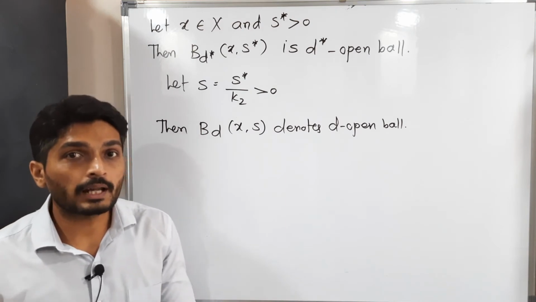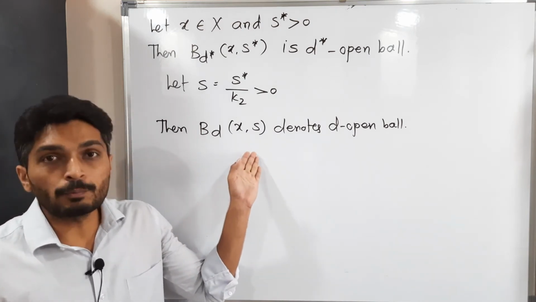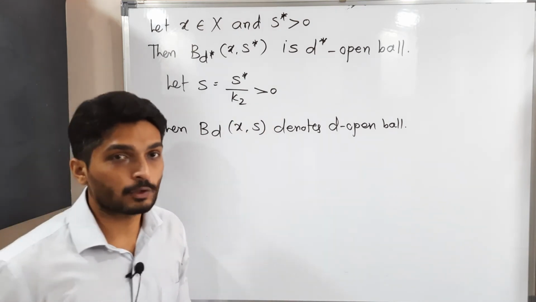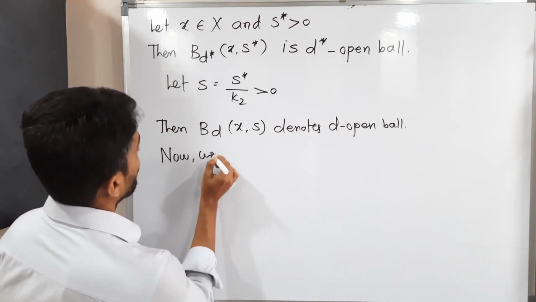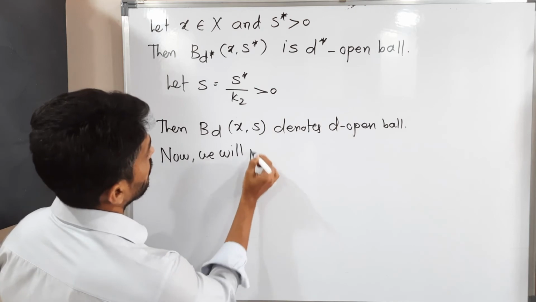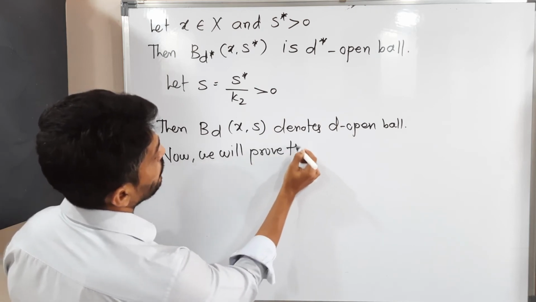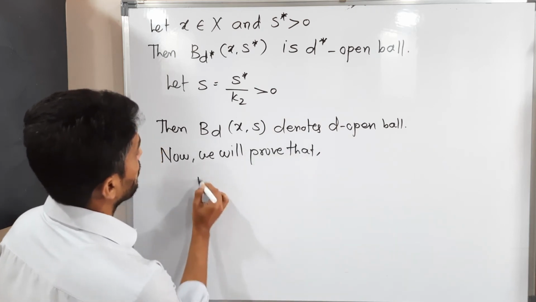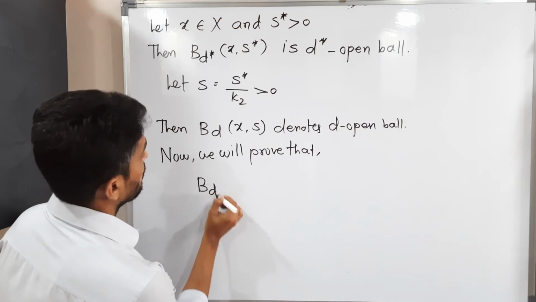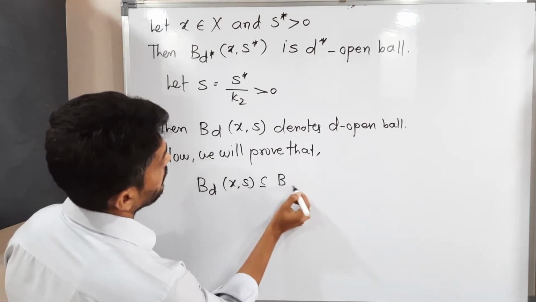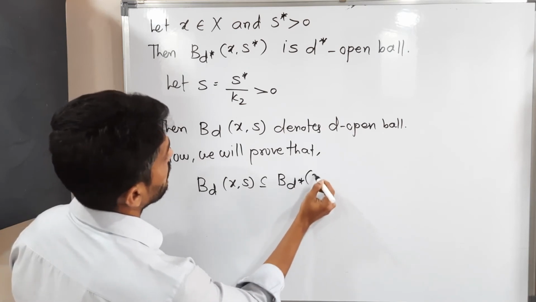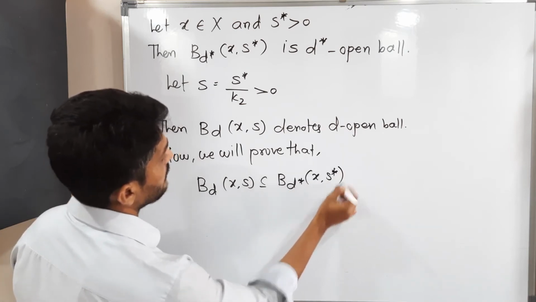So now our target is to prove this d open ball is a subset of the d* open ball. That is, we will prove B_d(x, s) is a subset of B_{d*}(x, s*).